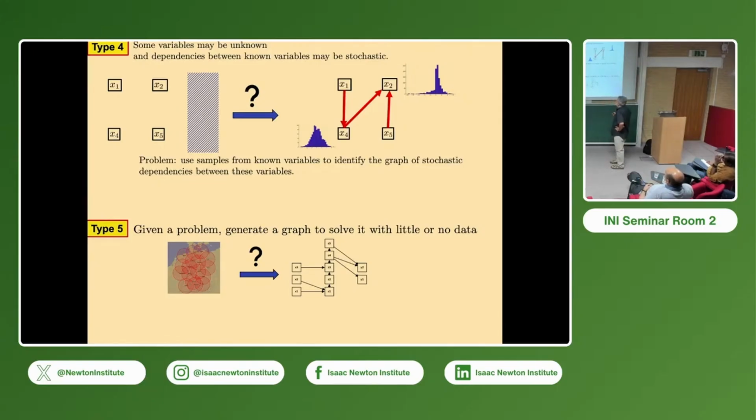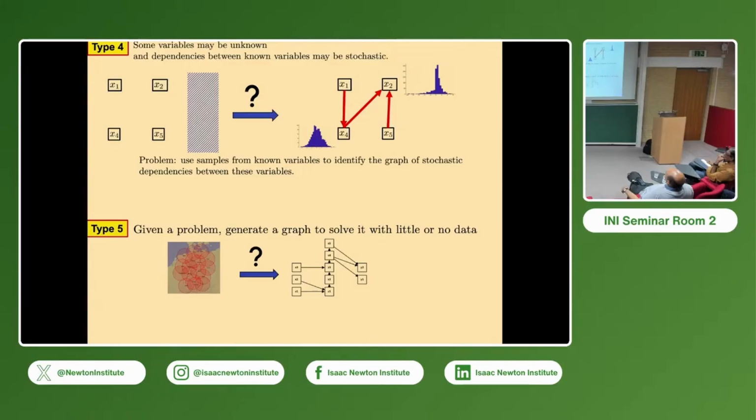And the problem is to use samples from the known variables to identify the graph of stochastic dependencies between these variables. So the type of problems that you see here are of the type digital twin modeling. I will not be talking about this here. And finally, type 5, given a problem, generate a graph to solve it with little or no data.